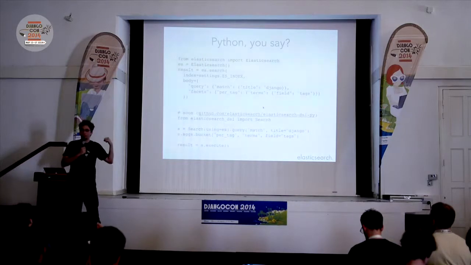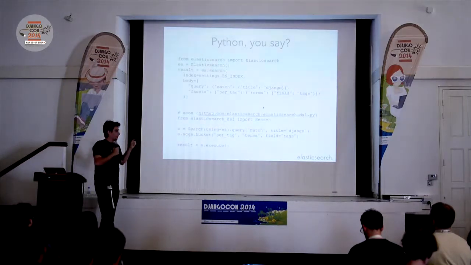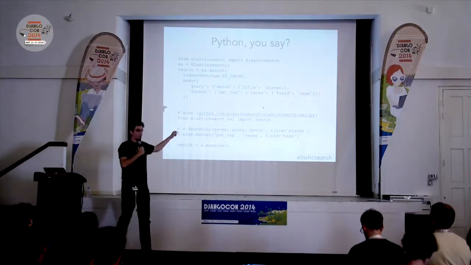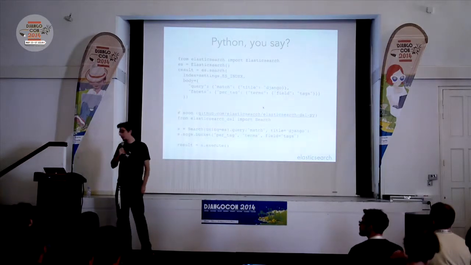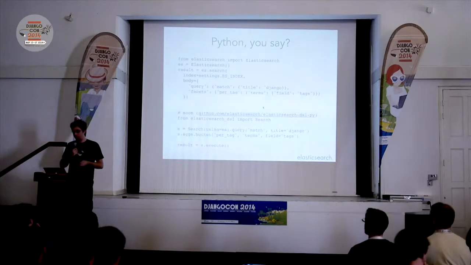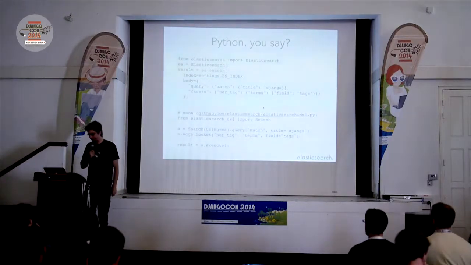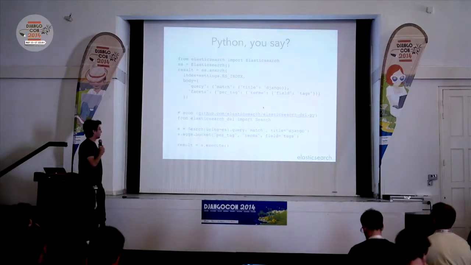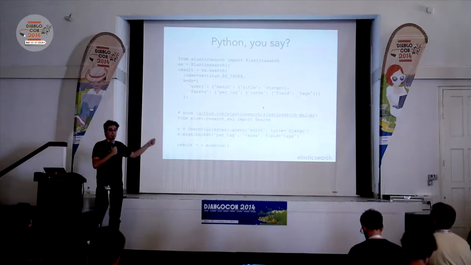The bottom example is using the not yet finished DSL library that I'm working on now that should provide you with a more approachable API. So you don't actually have to write JSON in Python, which isn't really nice.